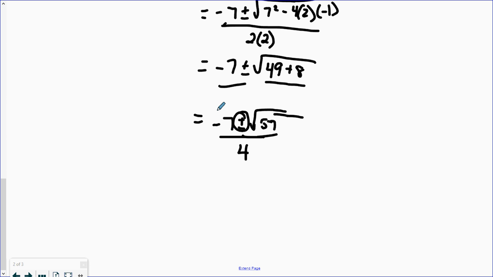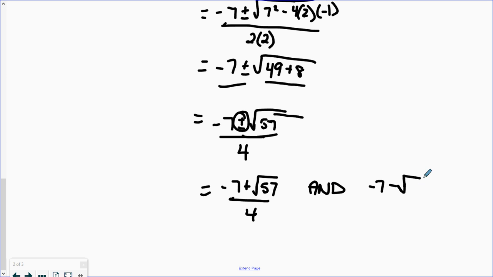You might also not have had a negative in front there, so that might have been the problem as well. So that should get us negative 7 plus the square root of 57 divided by 4, and in the other case, negative 7 minus the square root of 57 divided by 4. So just quickly punching that in my calculator on my phone.